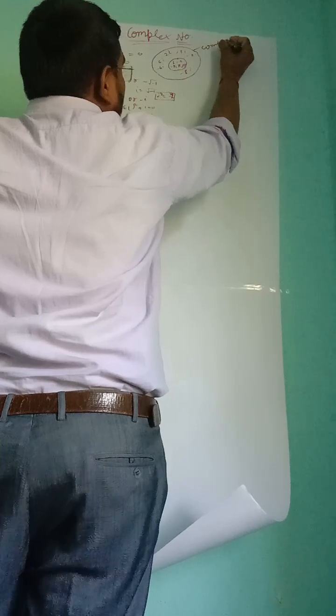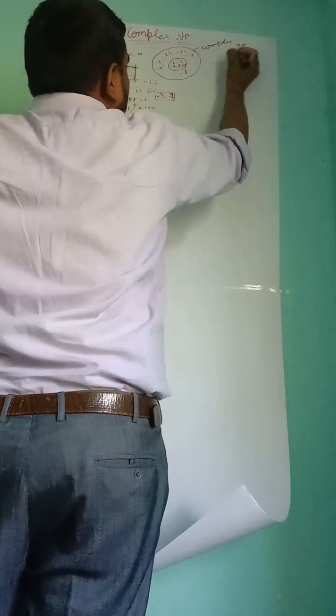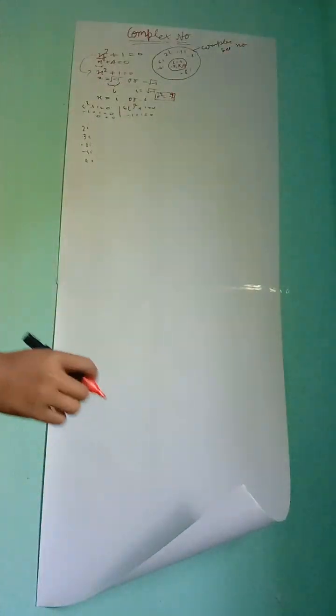Basically real numbers are a collection of rational and irrational numbers, and here some more numbers like 2 iota, 3 iota, 6 iota, minus 6 iota, minus 7 iota, minus 8 iota. So this complete set is the set of complex numbers, and these numbers are the complex numbers.